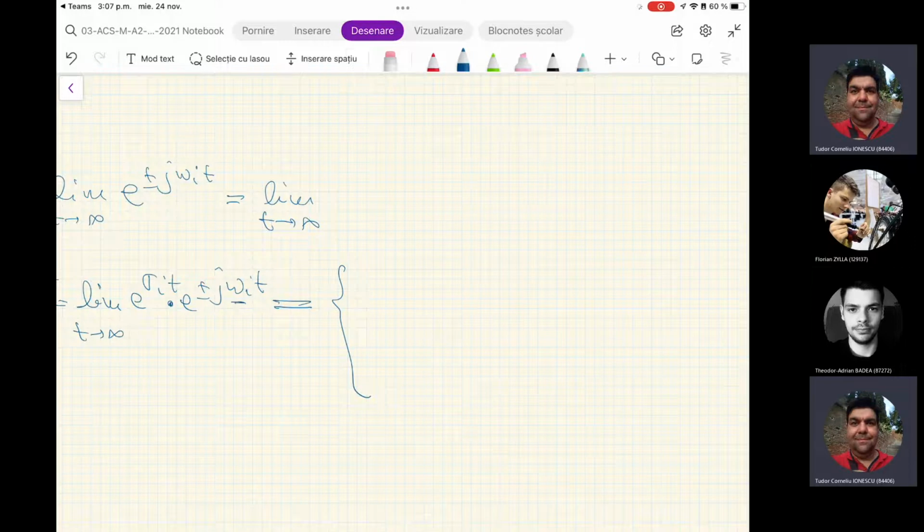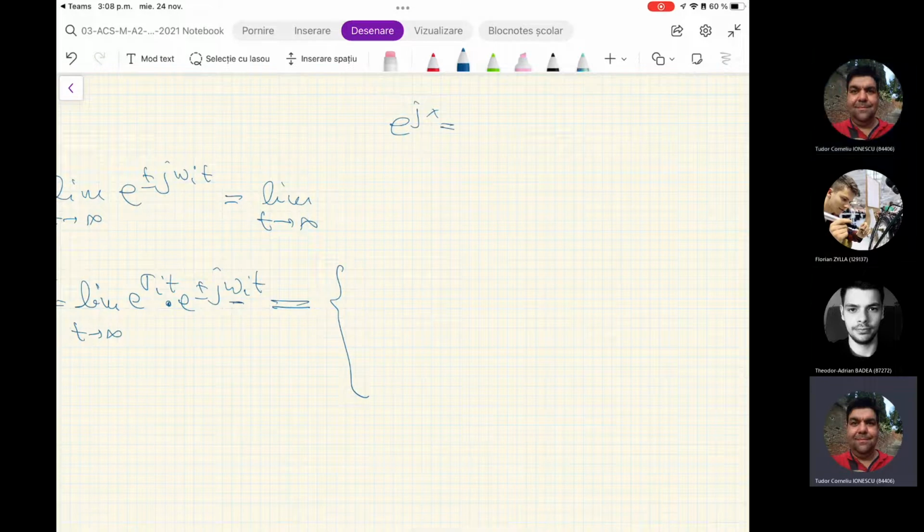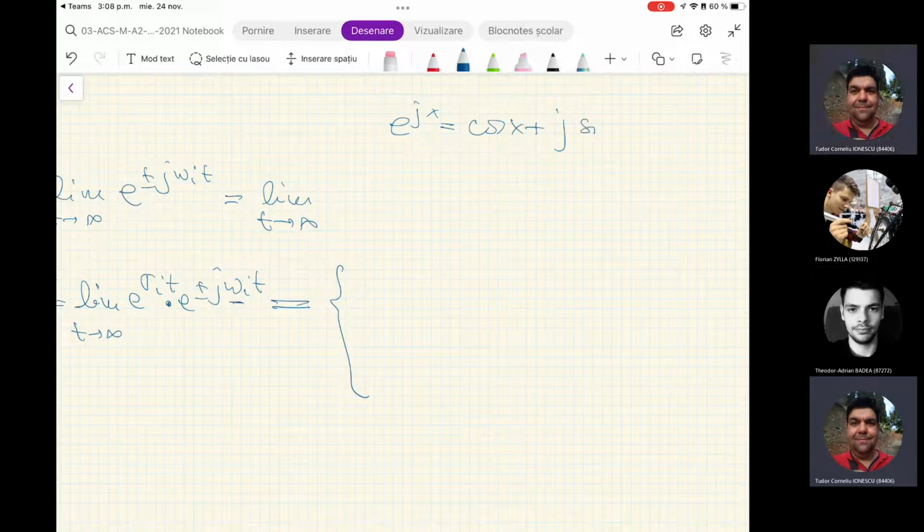This is a complex number in the exponential form. How much is this? E to the power jx, how much is it? It's cosine x plus j sine x. So this is the limit when t goes to infinity of cosine omega i t plus minus j sine omega i t.